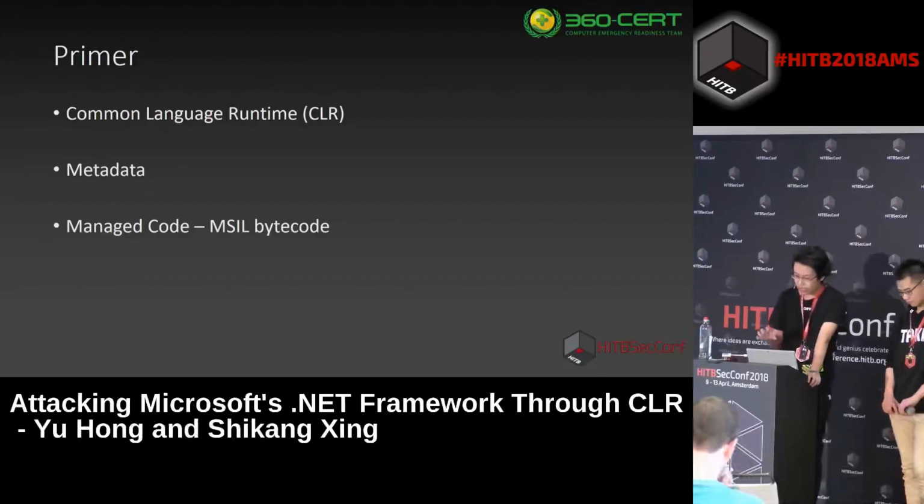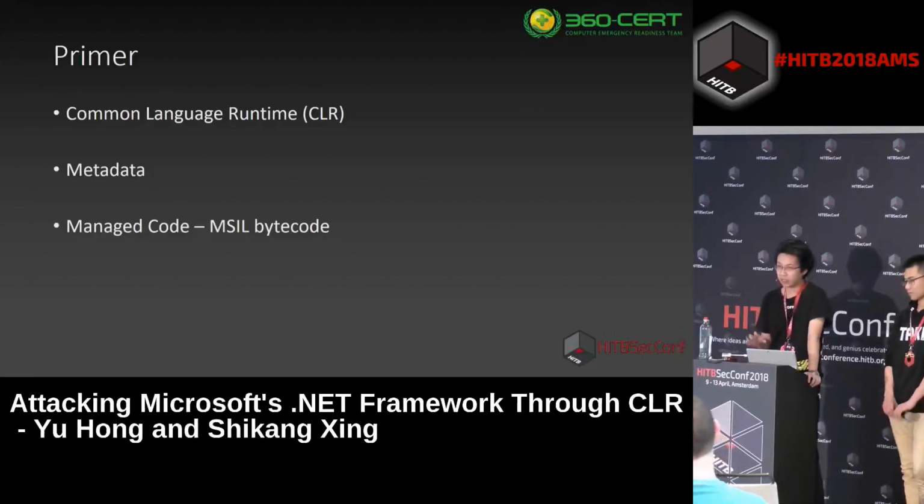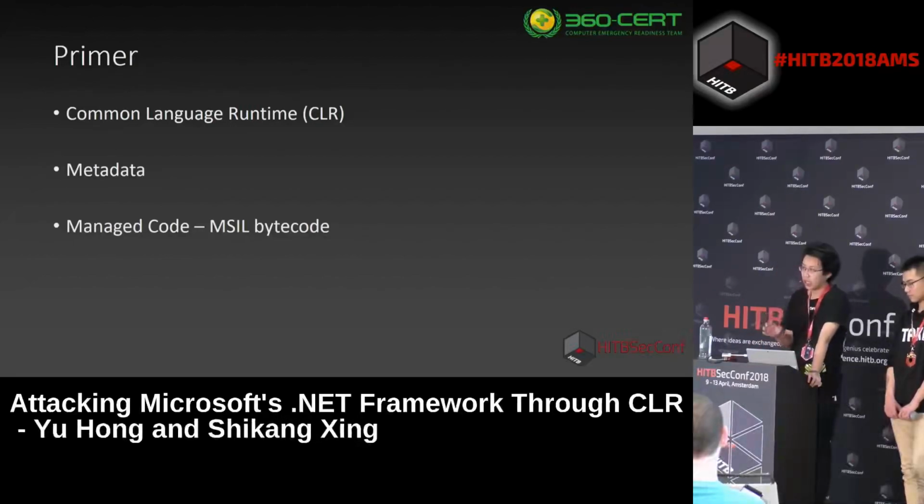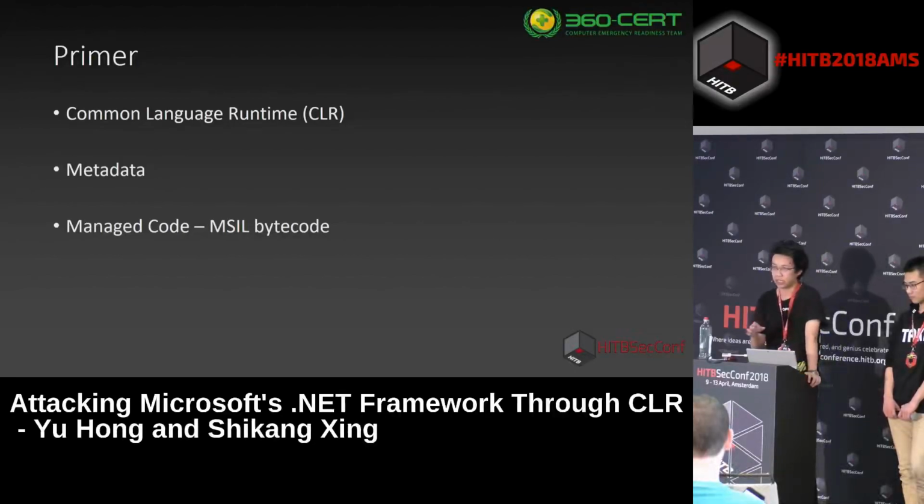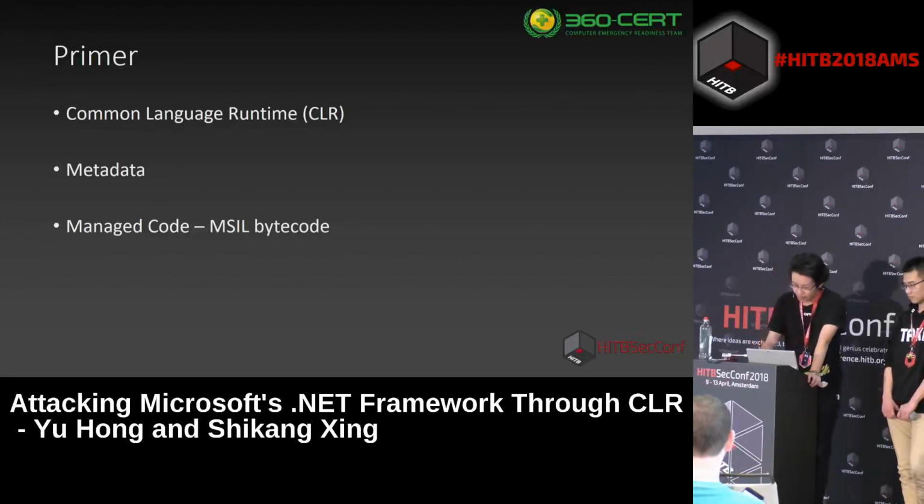When you write code using a high-level language on top of .NET, such as C#, VB, and F#, the compiler creates an intermediate language, which is called MSIL, Microsoft Intermediate Language.